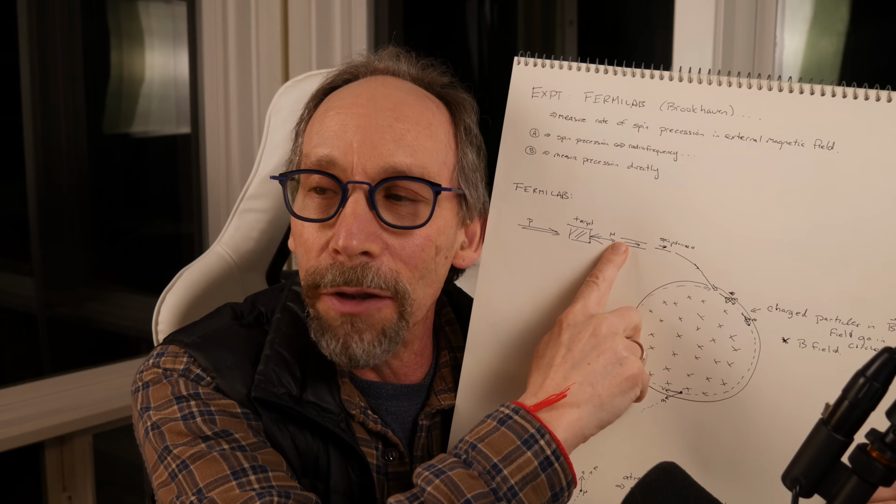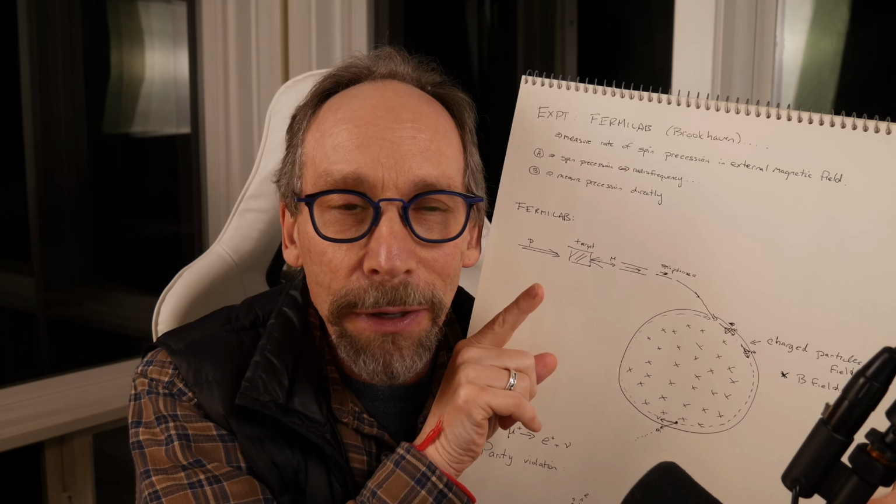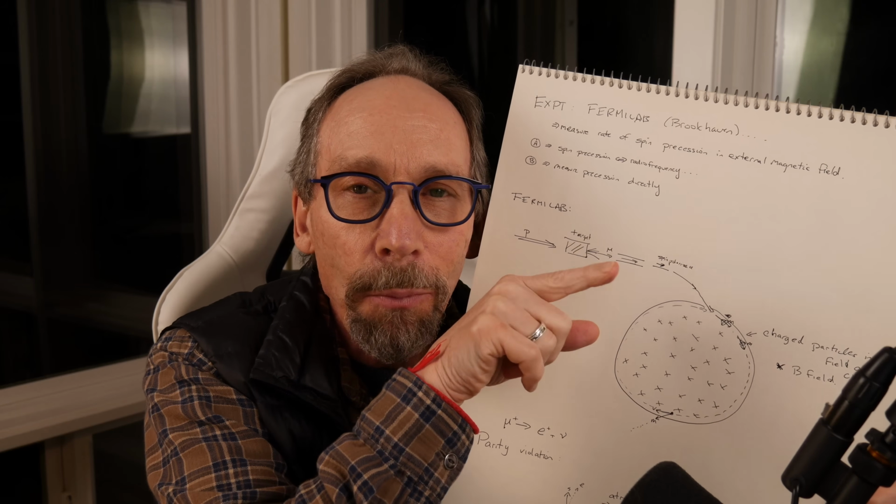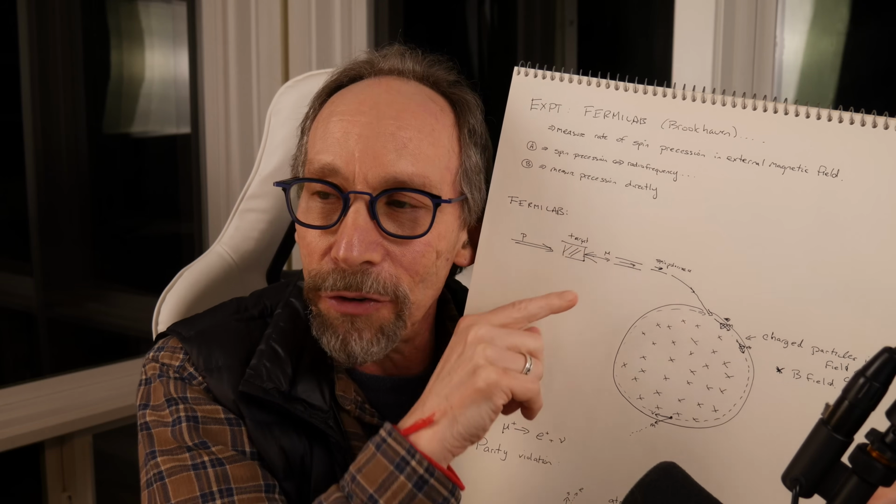So you get muons and their antiparticles, but in this case positively charged muons coming out from the protons. And then you can select the muons and try and collimate them with a certain energy, and also make sure their spin is going in a certain direction, so-called spin polarized muons. So you basically have muons coming out with their spin more or less aligned in the direction of their motion.